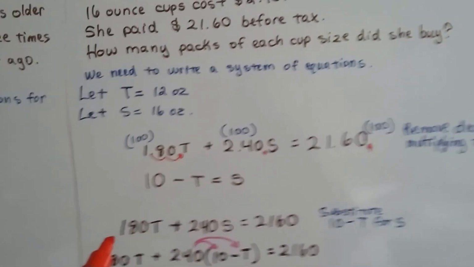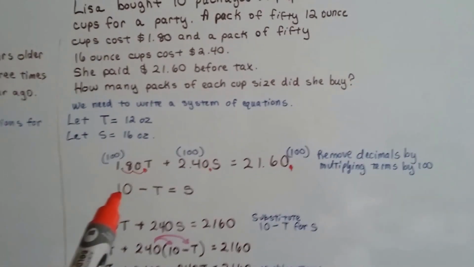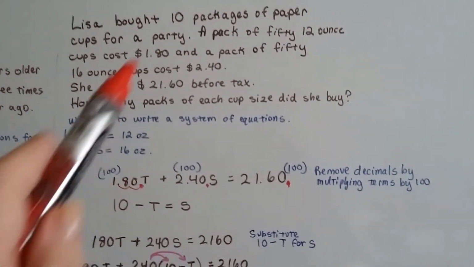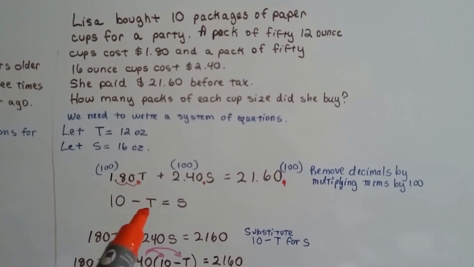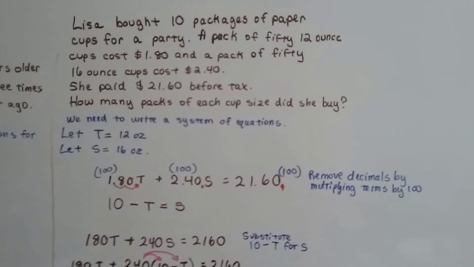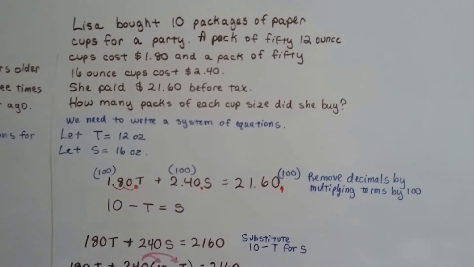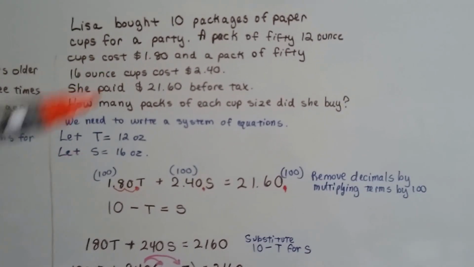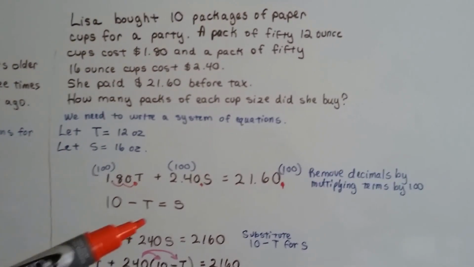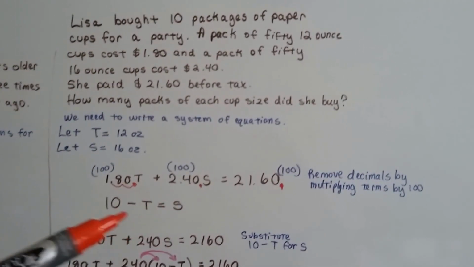And then our second equation is that T plus S is 10, because she bought 10 packages. 10 take away T, the 12-ounce cups, is going to equal the 16-ounce cups, right? Does that make sense to you? She bought 10 packages. This stands for 12-ounce. This stands for 16-ounce.